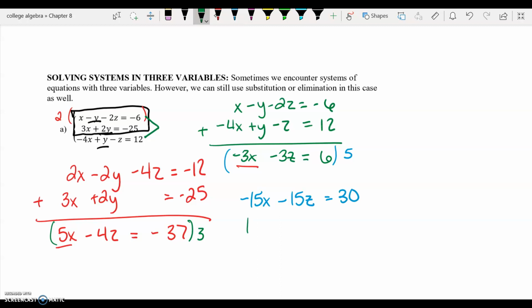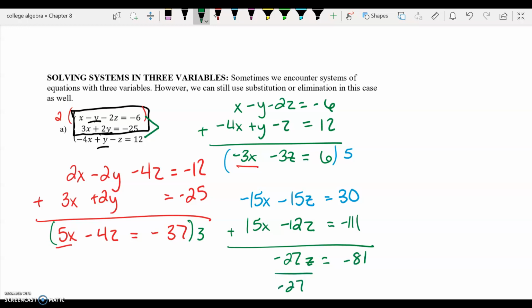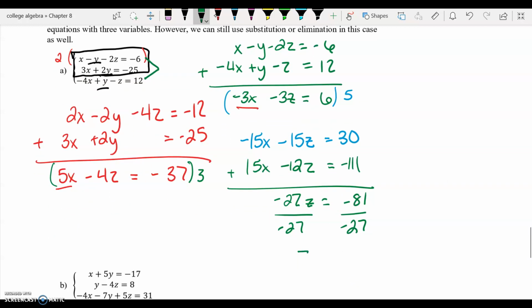The other one's going to become 15x minus 12z equals... I would add them. Divide by negative 27. I get z equals 3 finally.